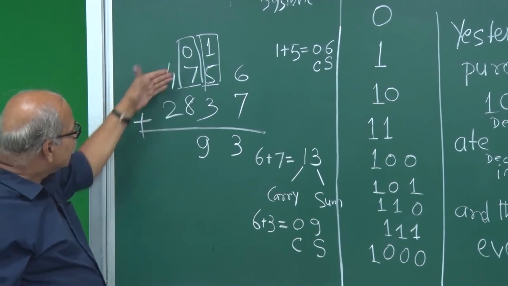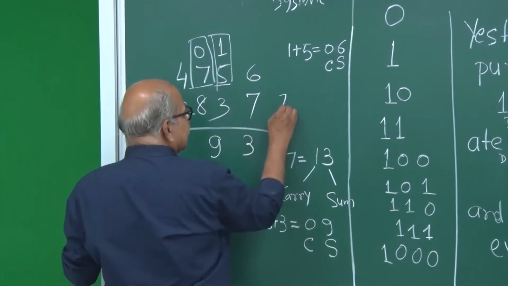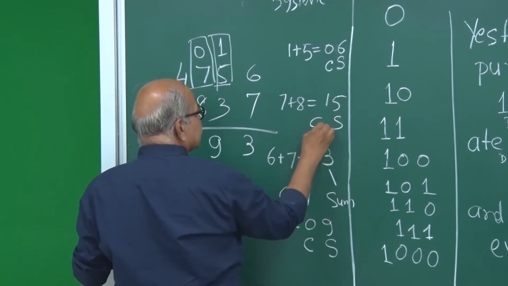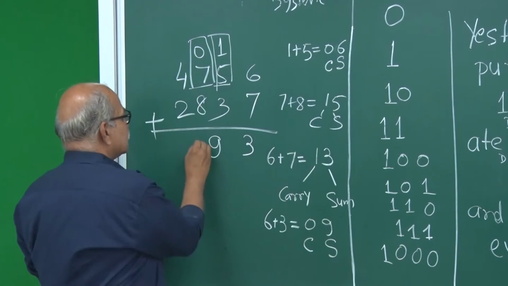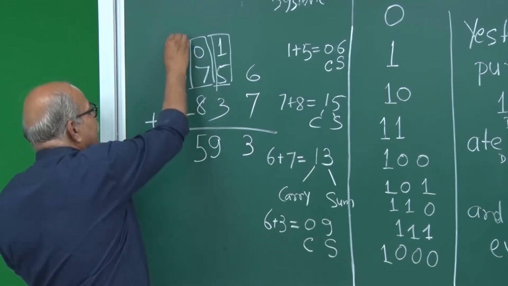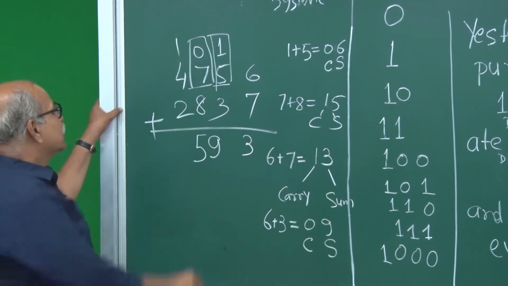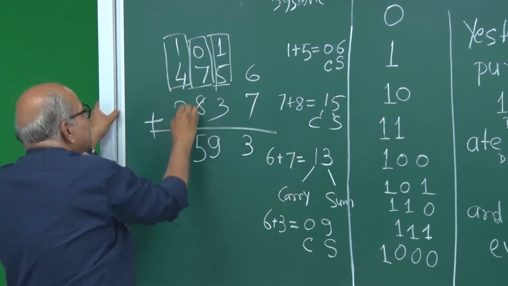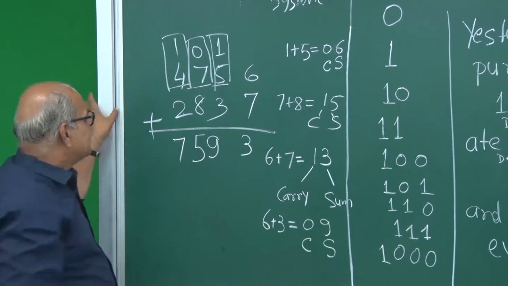So, that is it, and therefore, this 7 plus 8, that is 15. This is the sum, this is the carry, and so sum I will write here and the carry I will write here. Then once again 1 plus 4 and same story, then 5 plus 2, same story, 7, and the process ends.